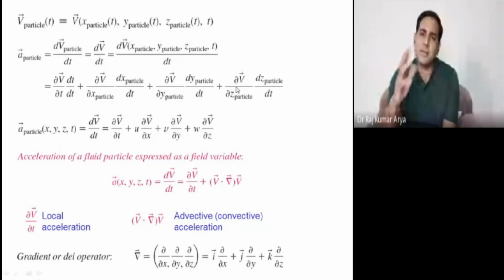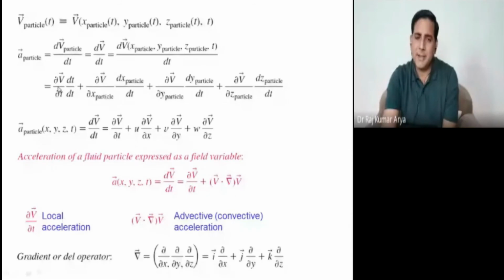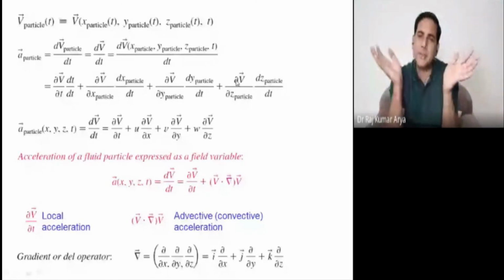You can write del v in several ways. If you write it here, this will get cancelled, and this is the derivative with respect to time. Again, del v upon del t, because this will get cancelled. With the terms dy upon del y here, this again gets cancelled, so you are just getting the derivative with respect to time.